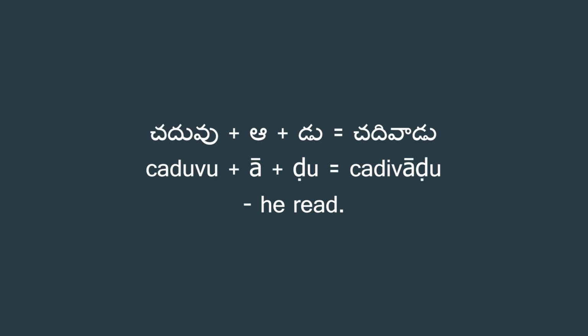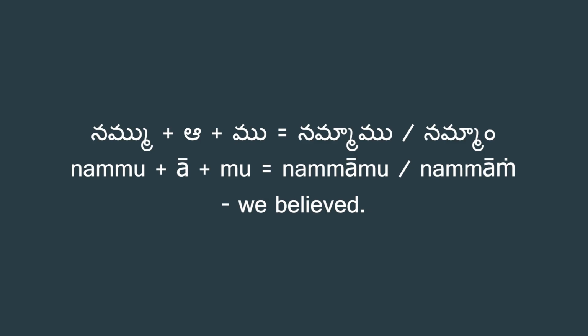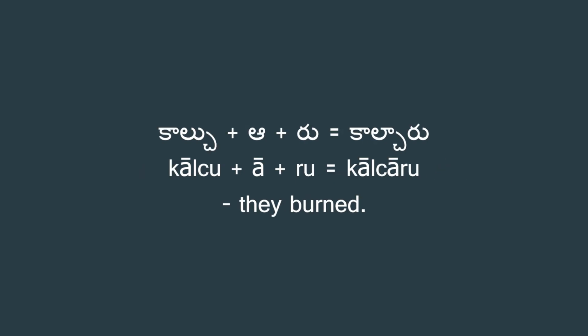See the examples. Chadavu plus a plus du, chadivadu. He read. Nammu plus a plus mu, nammamu or nammam, which means we believed. Kalchu plus a plus ru, kalcharu, which means they burned.